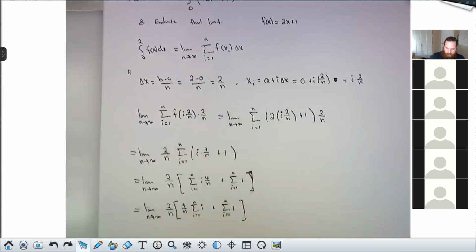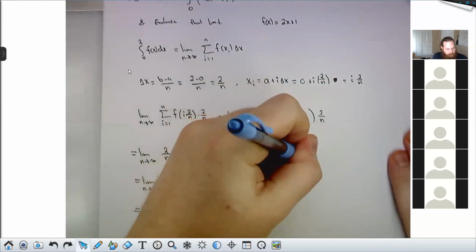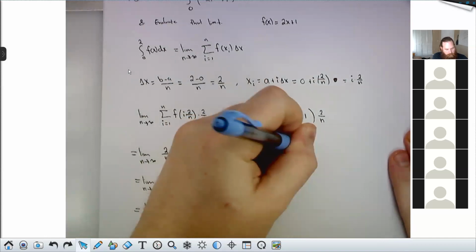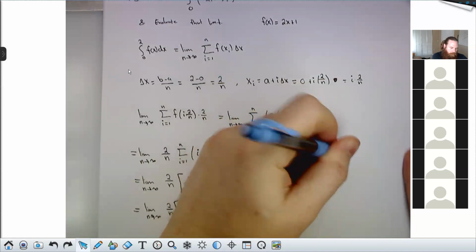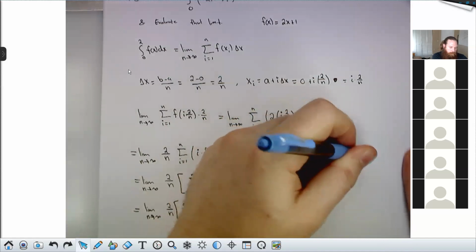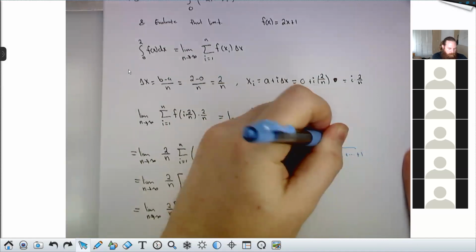Now you have to remember those summation formulae. The sum from 1 to n of 1 is just 1 plus 1 plus 1 plus 1, n times.